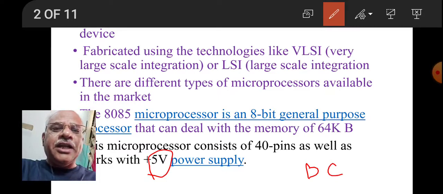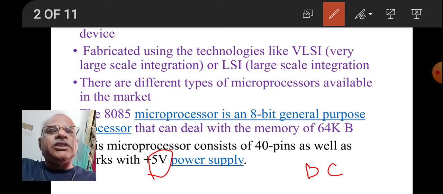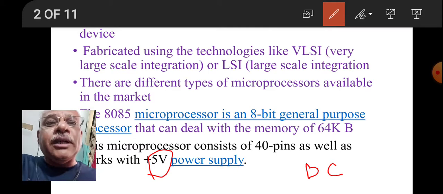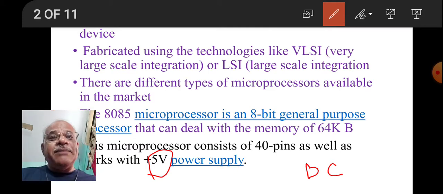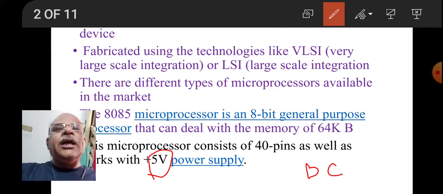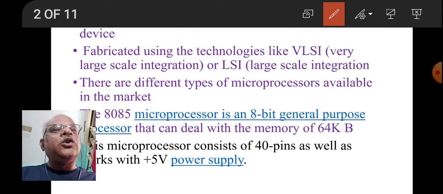Only plus 5 volt power is needed to operate the 8085. It has tremendous capacity to process. But most ICs, forgetting some power ICs, need a 5 volt DC power supply. So our IC will also need a DC power supply of 5 volts. Okay, let us go to the next slide.